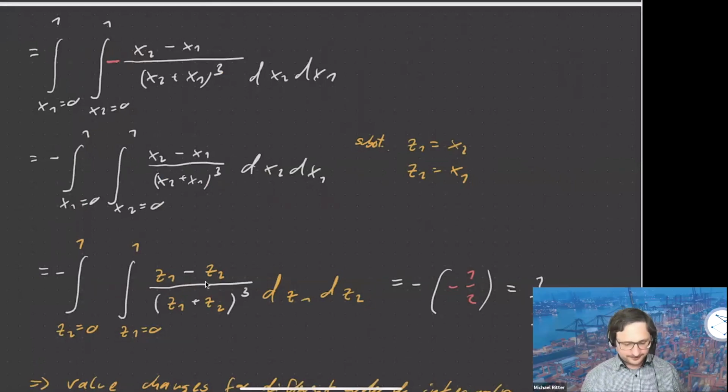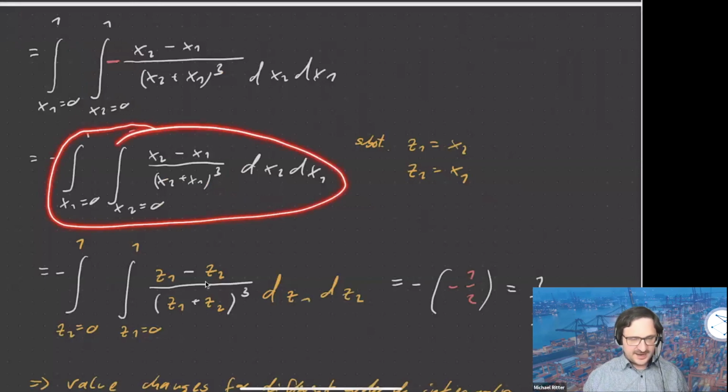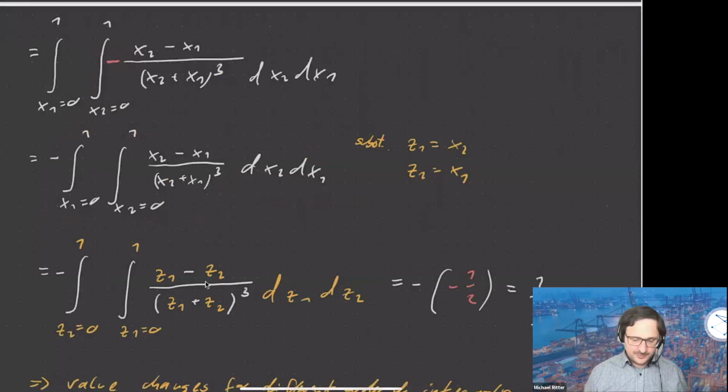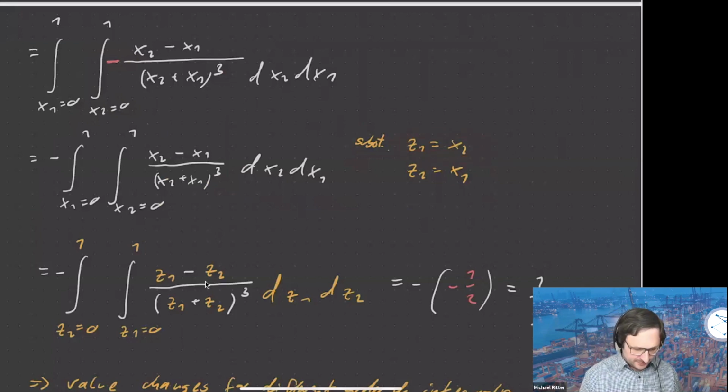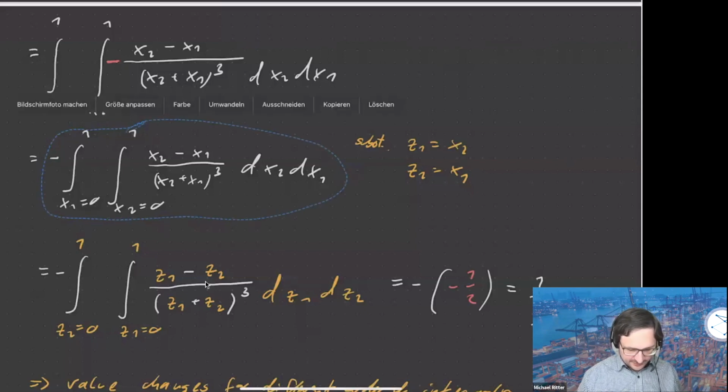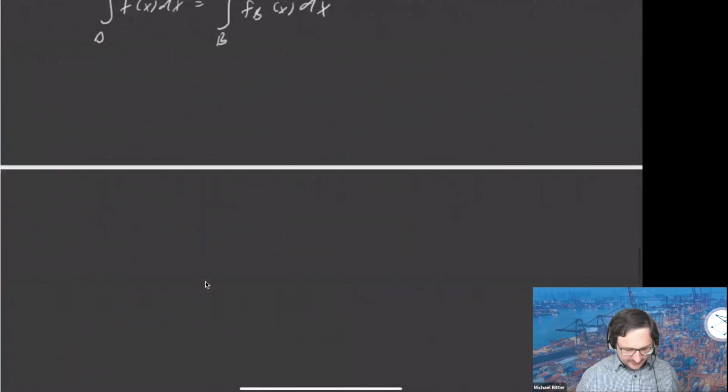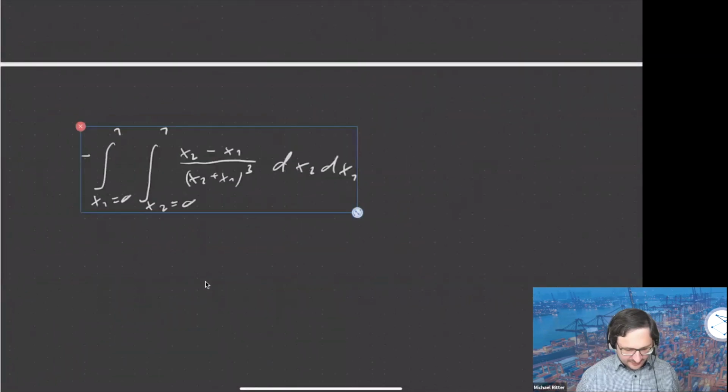Okay. So actually what I'm doing here, this is the integral with just x's. And now I'm doing this substitution. First thing, I'll substitute z1 for x2. So maybe I'll just copy that part here and do that one first step. The other step is just the same. Okay, so that was the integral here.